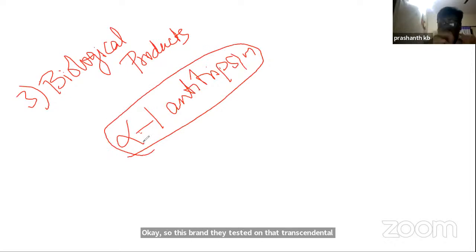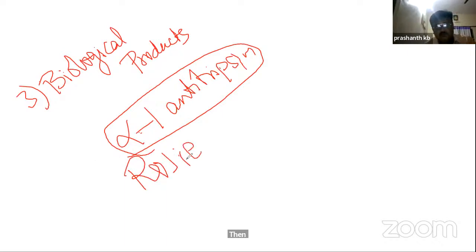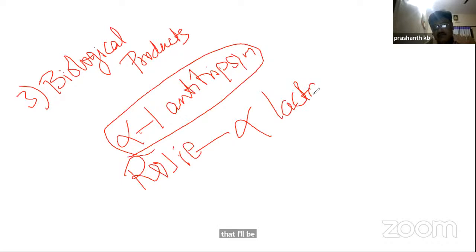Next, from which animal did they extract this? They have not given it in the textbook. Then Rosie, the transgenic cow. Compulsory 1 mark question. This Rosie was producing alpha-lactalbumin. Make a note of this word, lactalbumin.